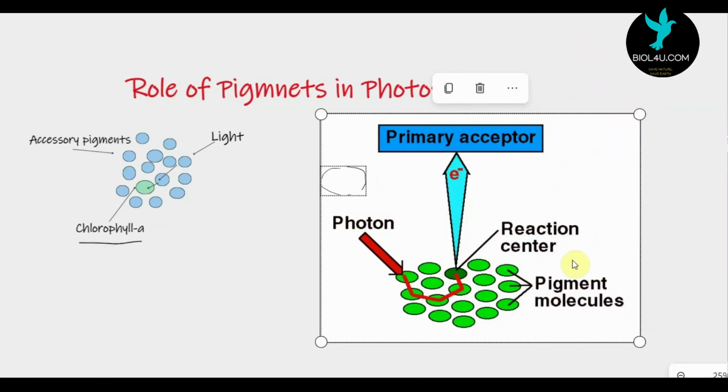So you can see here the role of chlorophyll A and the pigment system, the other pigments. The pigment molecules, that is chlorophyll B, C, D, xanthophyll, and carotene, transfer the energy.